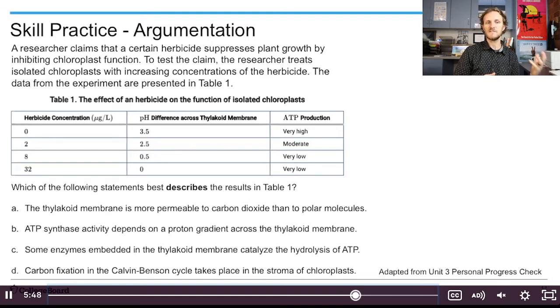The data from the experiment are presented in Table 1, right here. You'll want to pause and look at that. We want to know which of the following statements best describes the results. We have the concentration, the pH difference, and ATP production. So pause the video and see what you think.